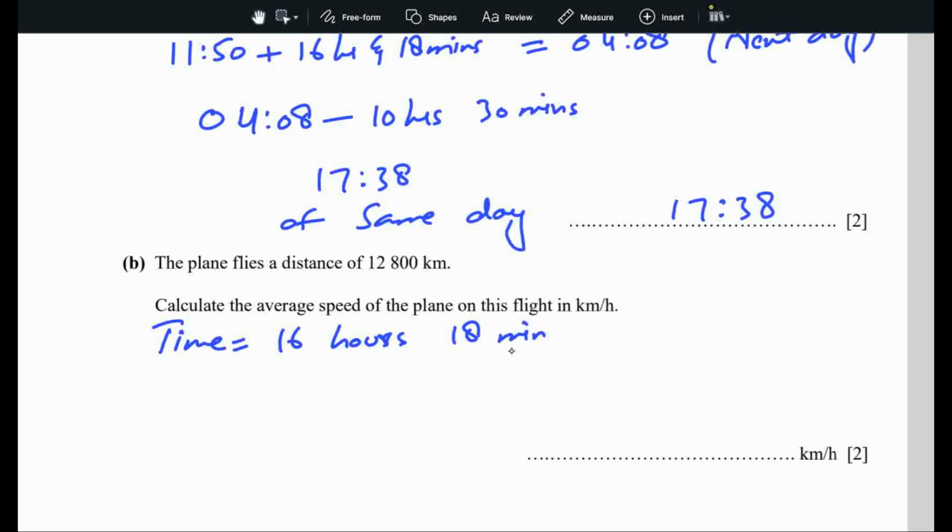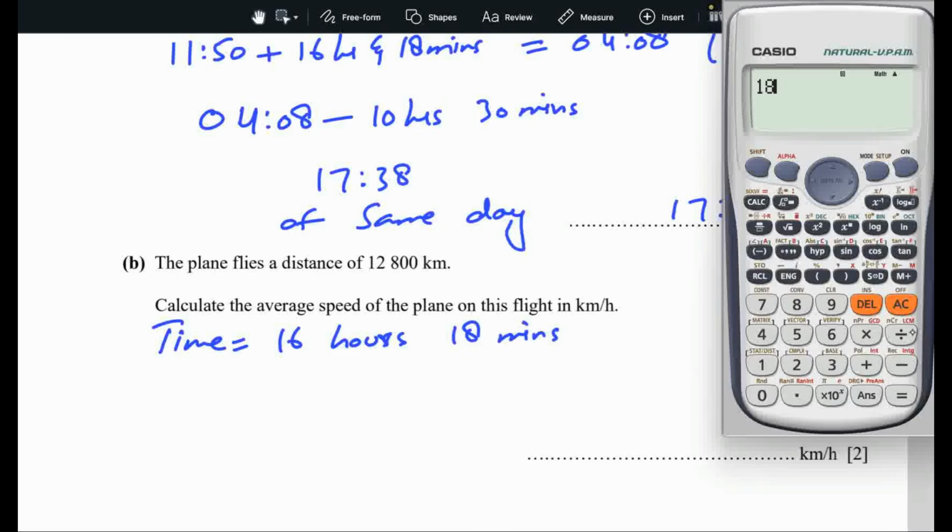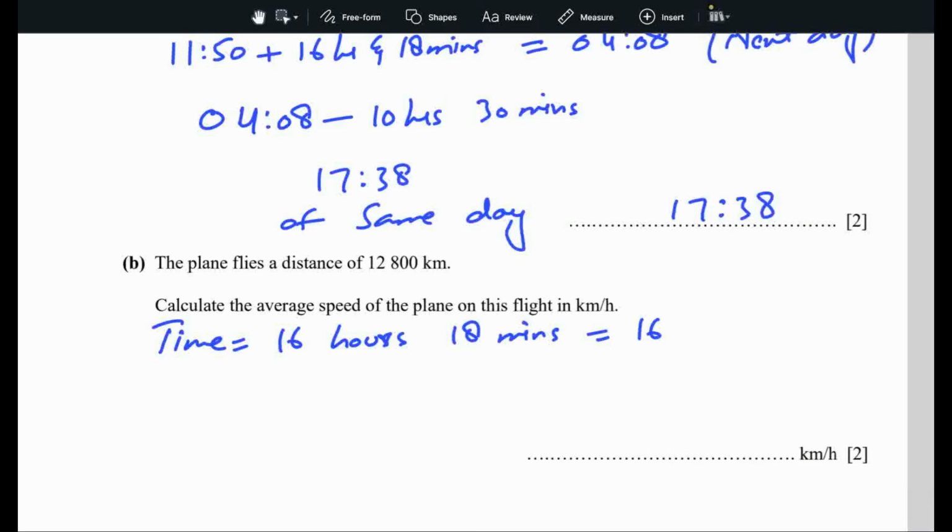So we can convert 18 minutes as 18 divided by 60. So this will be equal to 0.3. So we can say that 16.3 because 18 divided by 60 is 0.3.